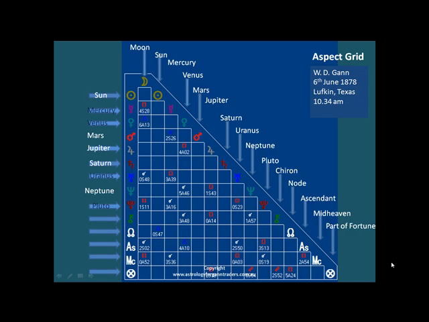So this grid is a way you can study on a daily basis what aspects there are in the heavens. Part of learning how to start forecasting is having one of these grids, or you can get an ephemeris that lists these aspects. If you want to join my mailing list on my website, I'll be giving you a free weekly report of what aspects are happening, and you can keep track of it if you don't have access to it.